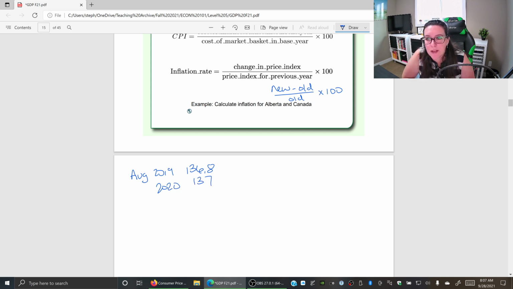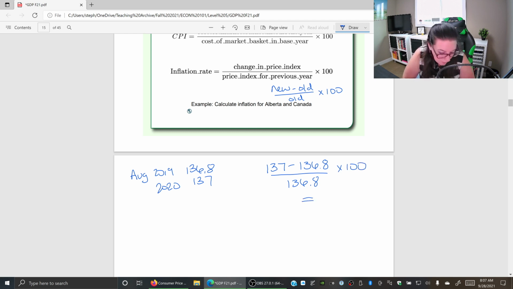To calculate the inflation rate using CPI, it's new minus old divided by old times 100. So we take 137 minus 136.8 divided by 136.8 times 100.